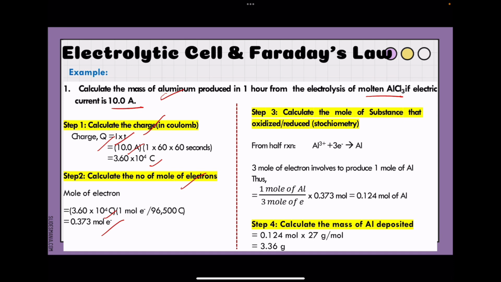From there, we can relate it to the stoichiometry of the half cell to determine the number of moles of aluminium, which is 0.124 mole of aluminium. The last step is calculating the mass of aluminium deposited by multiplying the number of moles of aluminium with its atomic mass. Then you will get the mass of aluminium deposited, which is 3.36 grams.